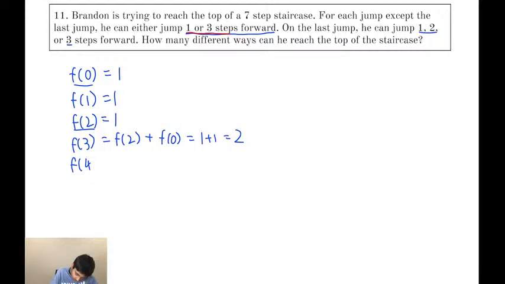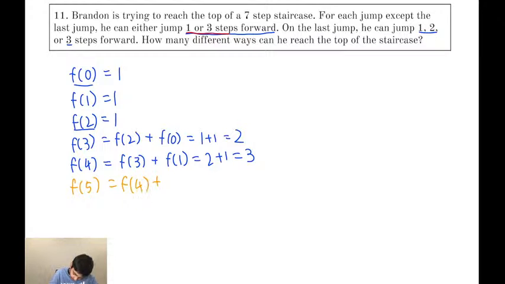F of 4 will be equal to, again, a 1 step jump from f of 3 or a 3 step jump from f of 1. So that's just going to be 2 plus 1, or 3. And then again, f of 5 equals f of 4 taking a 1 step jump plus f of 2 taking a 3 step jump. And f of 4 is 3, f of 2 is 1, so we're left with 4.